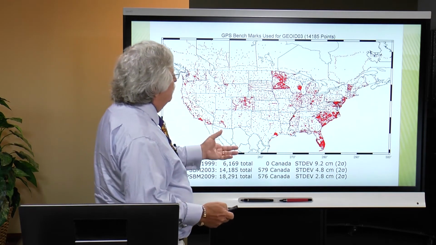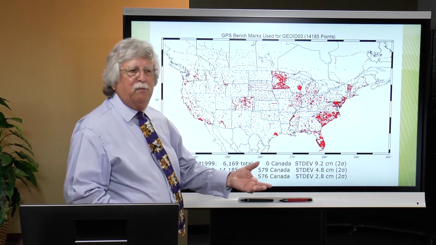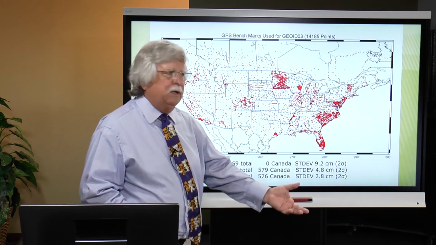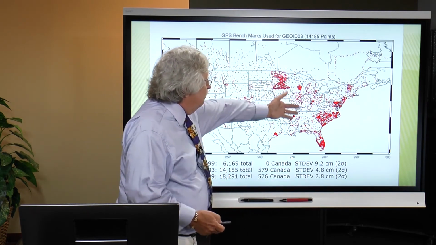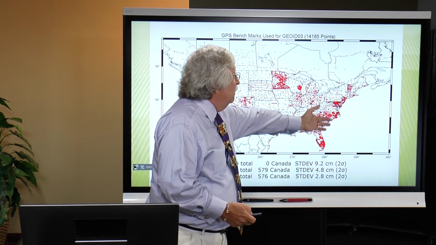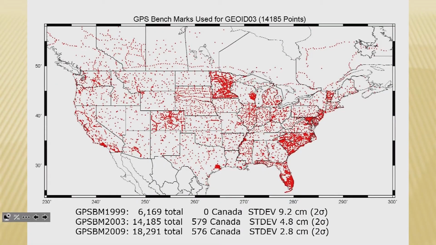Notice that the areas that were already doing GPS on benchmarks are still doing it: Minnesota, the Carolinas, Florida, Maryland, New Jersey, Vermont, little parts of Texas, like right around the Harris-Galveston area. Other areas have some modest amount of GPS on benchmarks, but nothing like what you might see here in Minnesota. In Wisconsin, we see over here on the eastern side of the state the beginnings of height modernization, GPS on benchmarks.